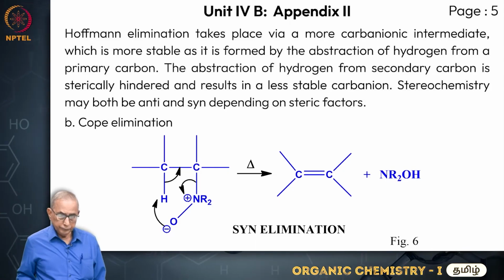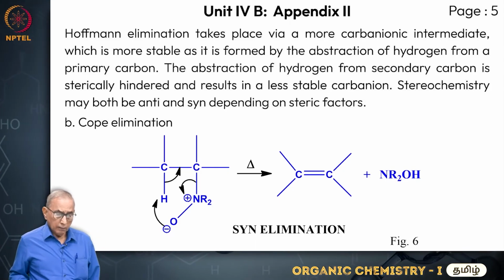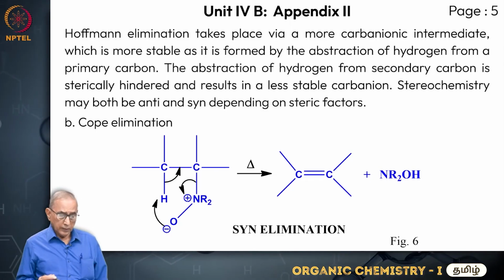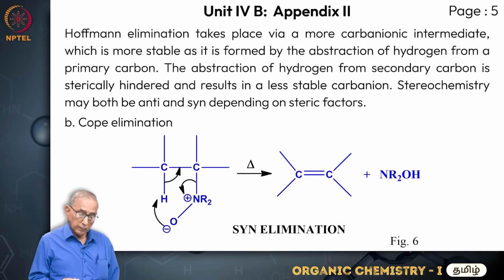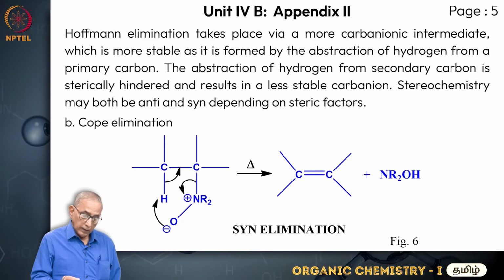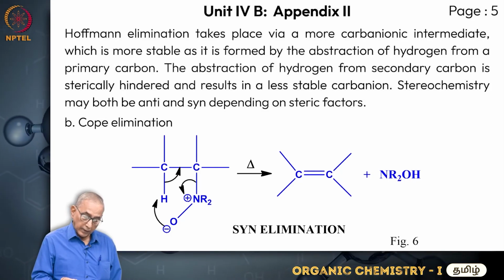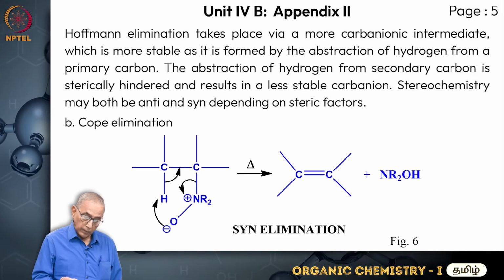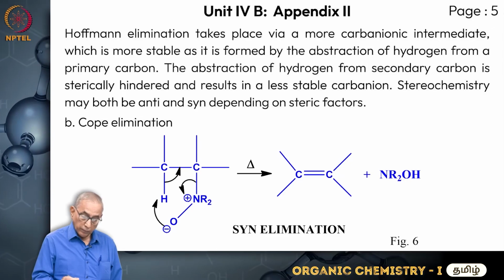Now, there is a similar reaction which is called the Cope elimination. It starts from this N-oxide, the amine treated with an oxidizing agent. This forms the amine oxide, N plus R2.